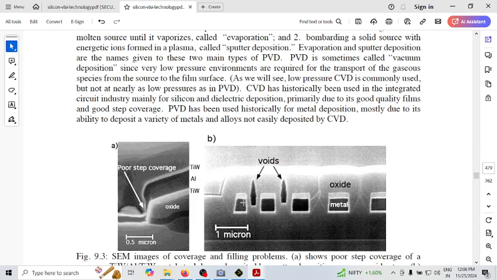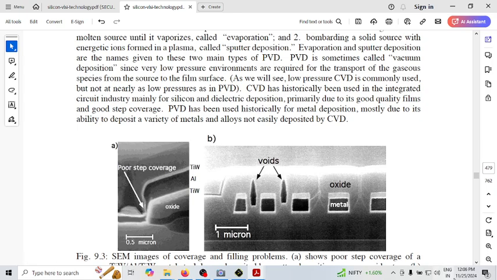Ultimately this is a very, very poor step coverage, and this is one problem of step coverage. This is the bottom filling, and the bottom filling is so less. The thickness is less, and the aluminum is deposited this much on top here, but in this region it's only this.